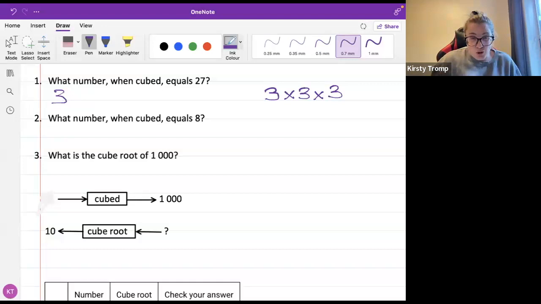It means to see it 3 times. Another way that we can see that is we can say 3 to the power, which we learned about last week. Really important is for you to learn all these little ones off by heart. 3 to the power of 3 would be 27. So what number when cubed equals 27?